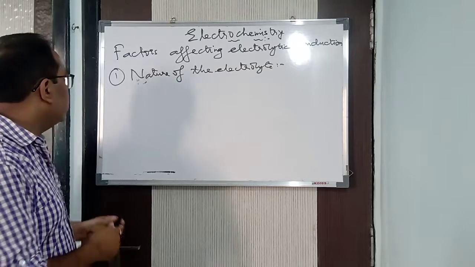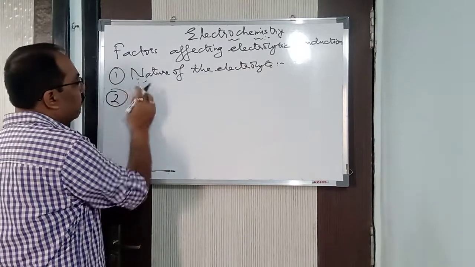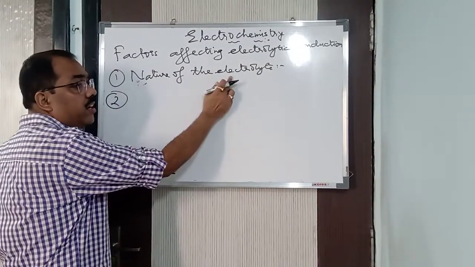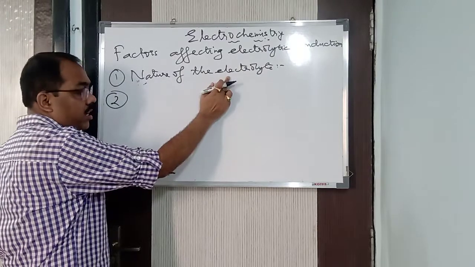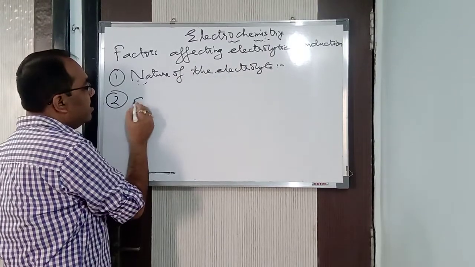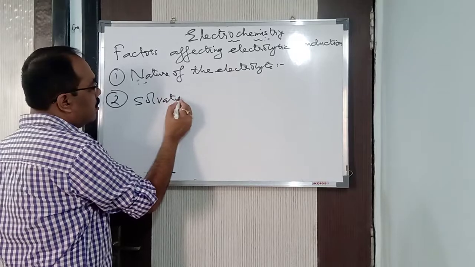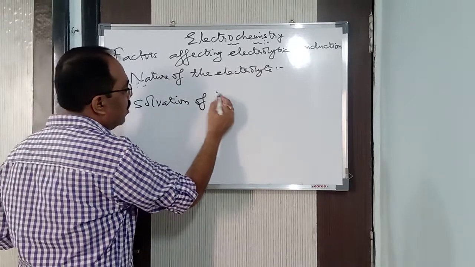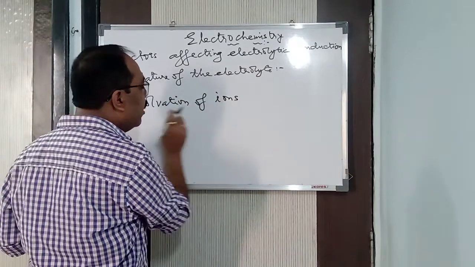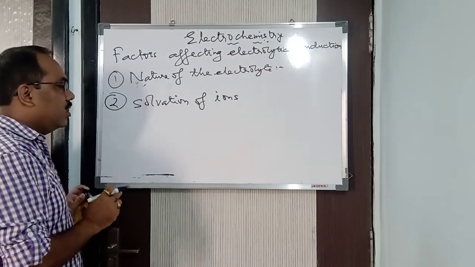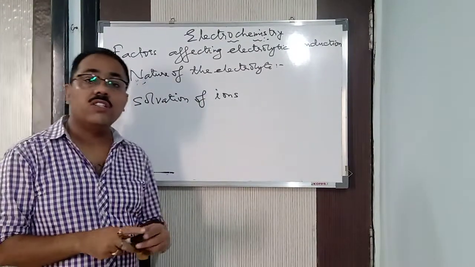So the next condition: the first one we learned about was solute-solute interaction. Now the second one is solvation of ions. Here we are going to study the solute-solvent interaction.